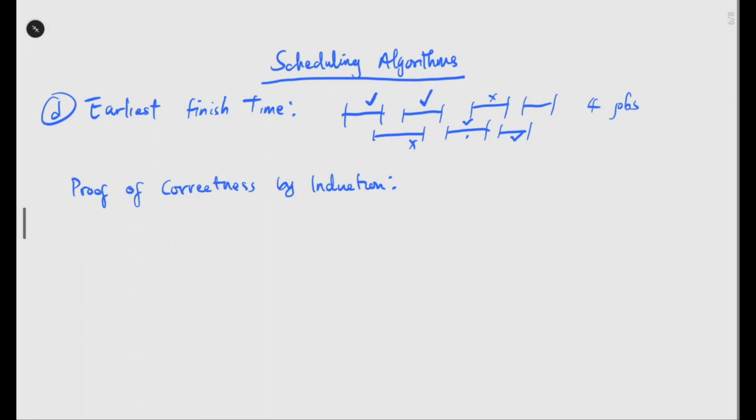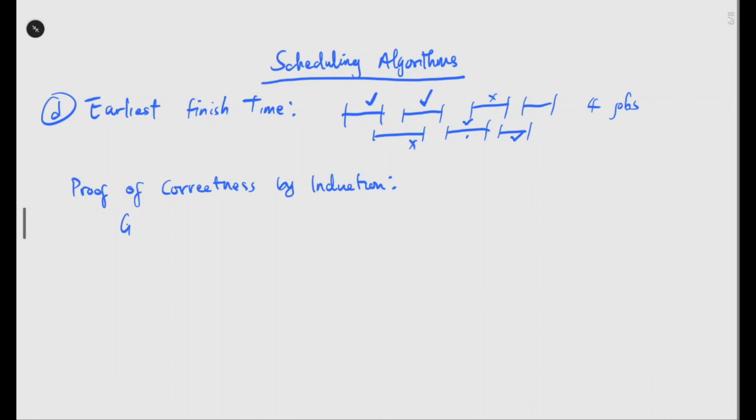And our aim for this proof, what we really want to show, is that our greedy algorithm always performs better than any other optimal algorithm.